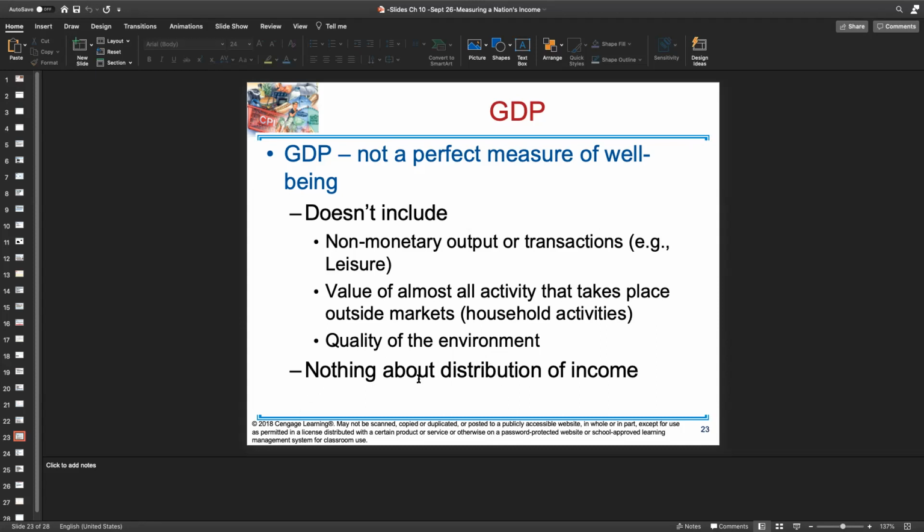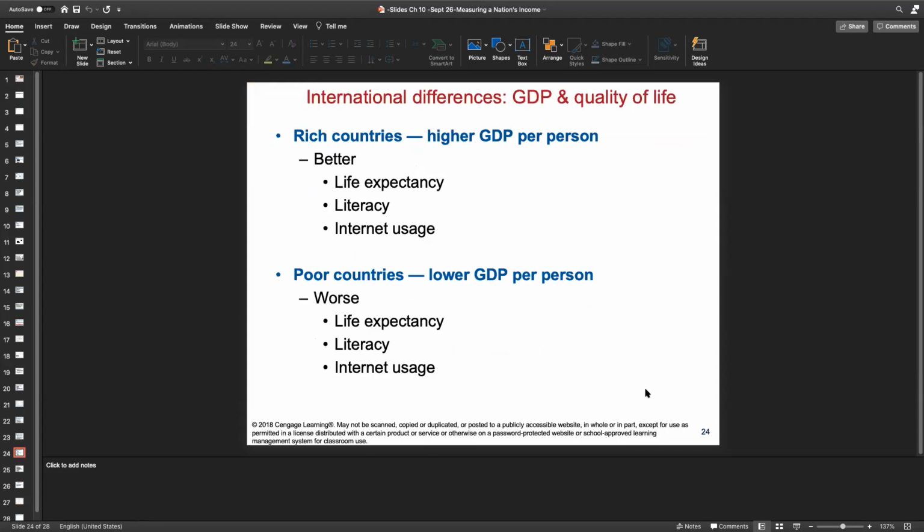And it doesn't say anything about the distribution of income. So these are the problems in the measurement of the GDP.